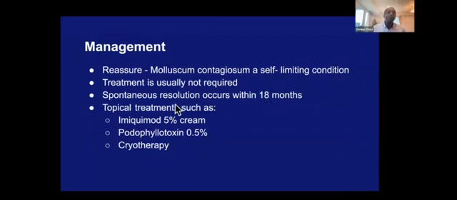There are certain situations that you can treat, usually genital Molluscum contagiosum, which is sexually transmitted or sexually related. That's when you would usually treat, and if you are going to treat, there are different creams that can be used. But in this particular case, this child, we do not have to treat.